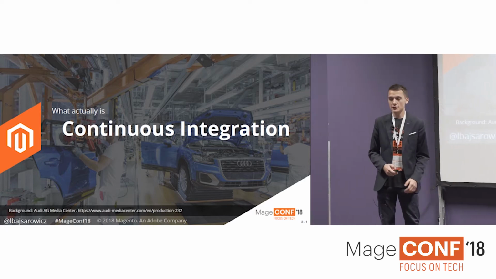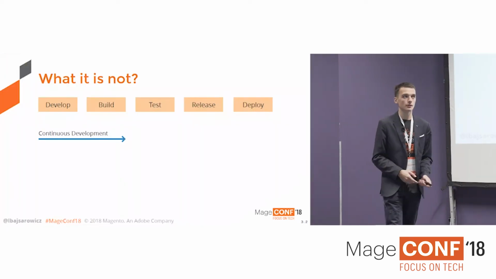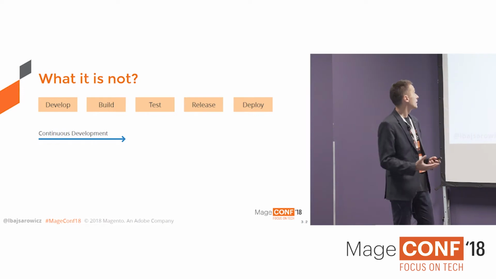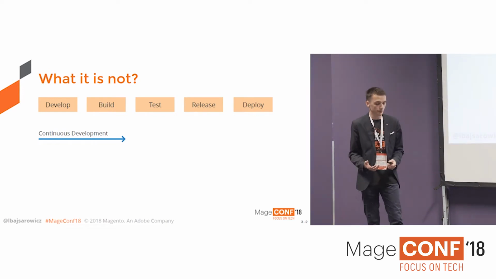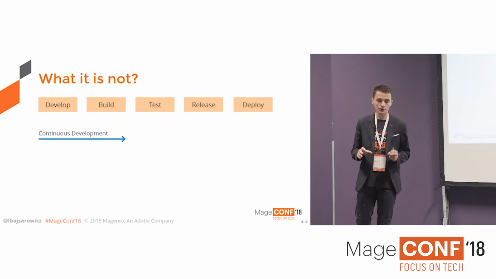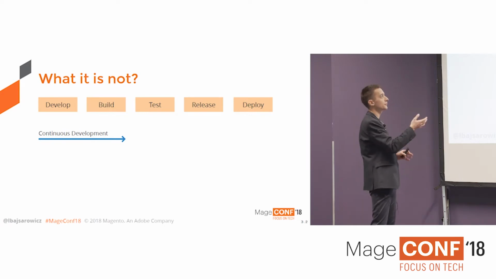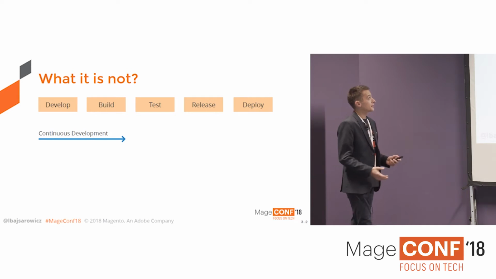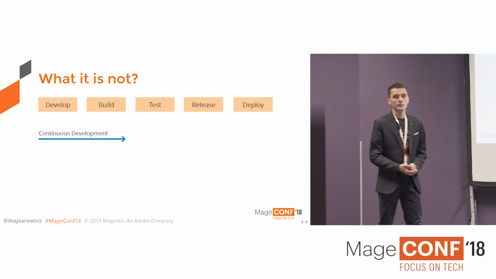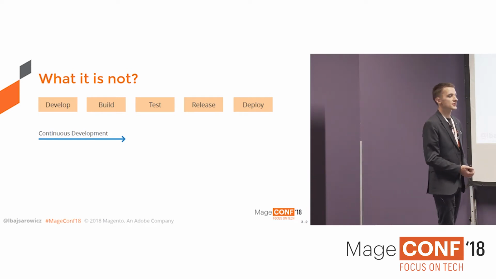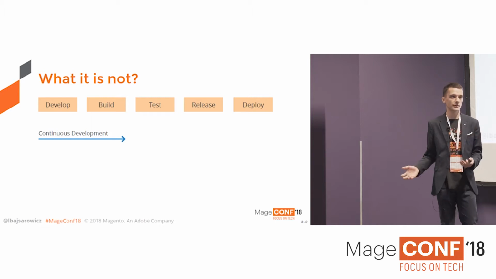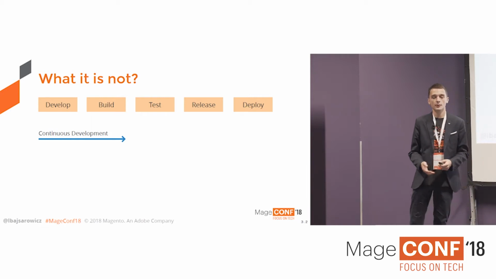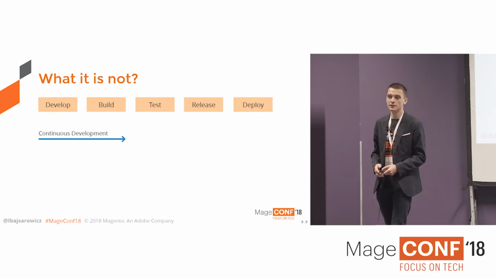Continuous integration is often misunderstood. People very often don't remember the diagram I'm showing now. During our development we have several stages. One stage is just developing, writing code. The second one, even in PHP, is building.